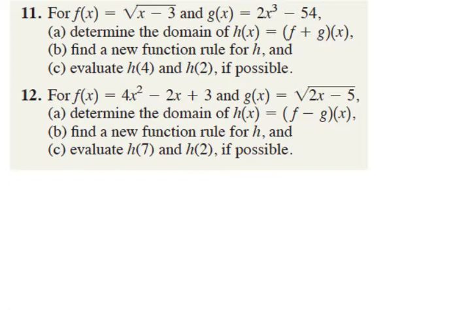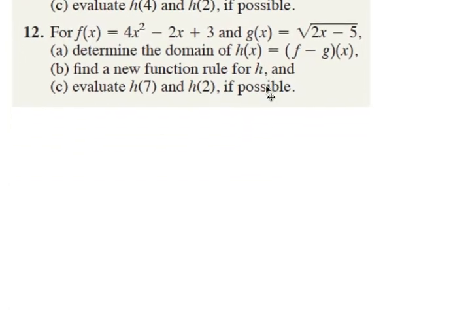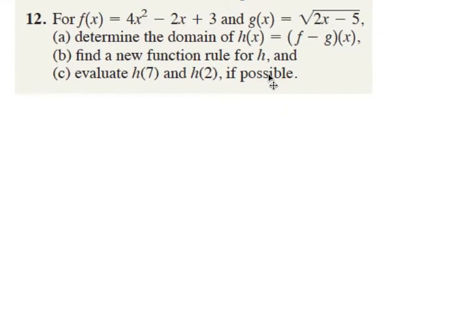First thing we're going to take a look at is, given a function f of x and given a function g of x, we're going to determine the domain of some new function h of x that will be given as f minus g of x. So I actually like starting with the new function rule just to kind of see what's going on.